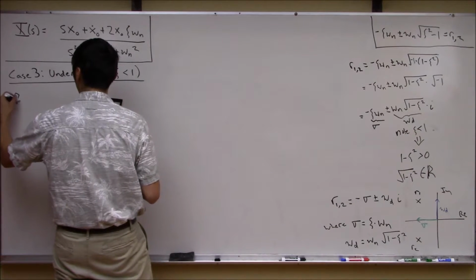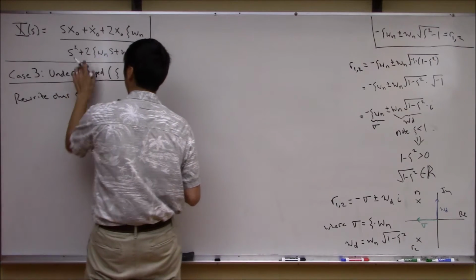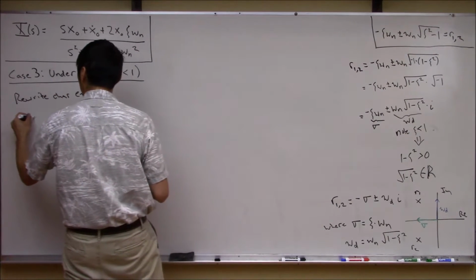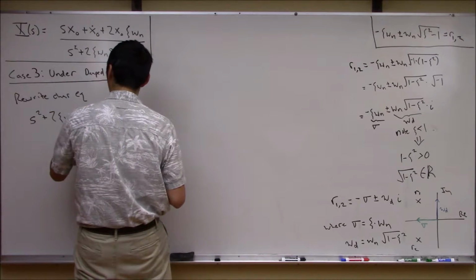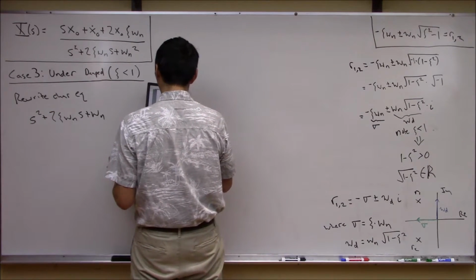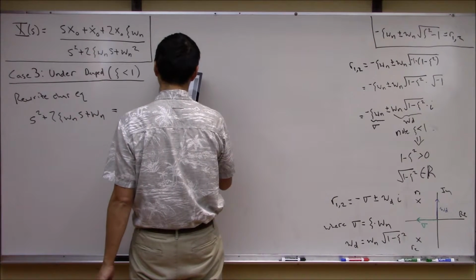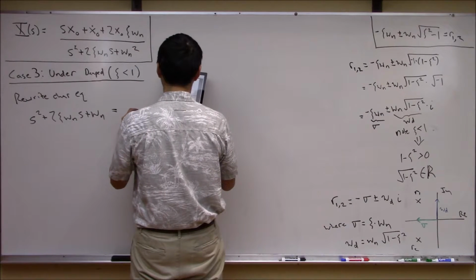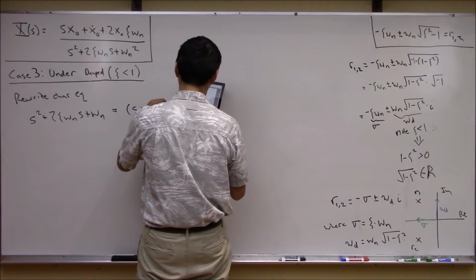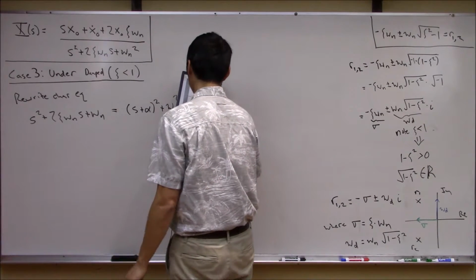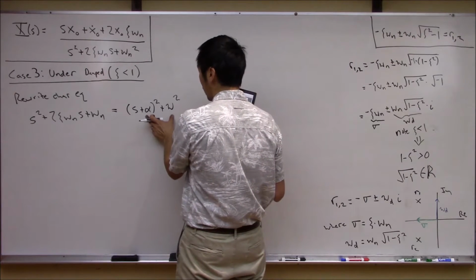So I'd like to take this denominator, s squared plus 2 zeta omega n s plus omega n squared, and rewrite it as something that looks like (s plus alpha) squared plus omega squared. This is the alternate form we want.